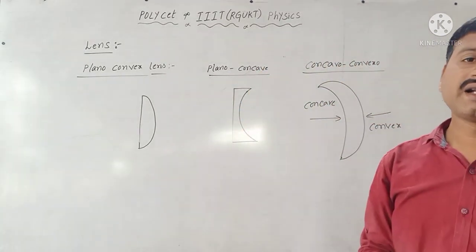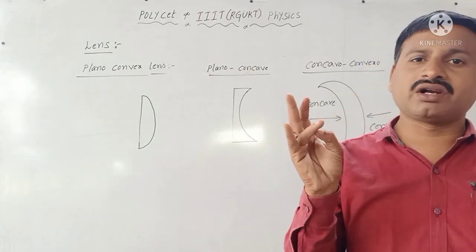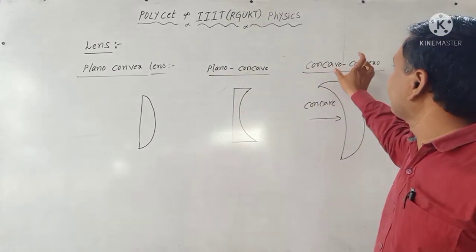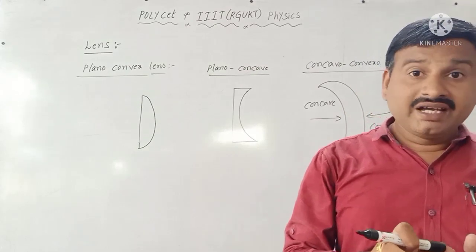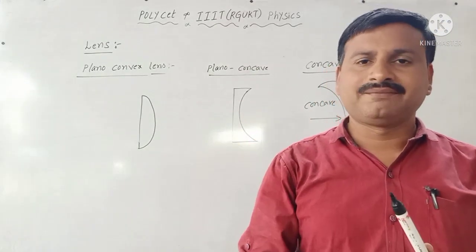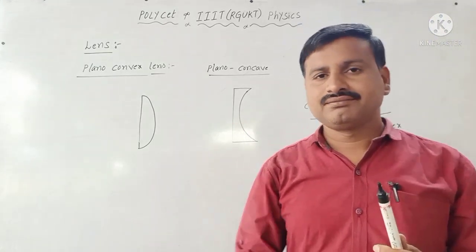These are the types of lenses. Totally we are discussing 5 types of lenses: convex lens, concave lens, plano-convex, plano-concave and concavo-convex. The convex lens is also called a biconvex lens. The concave lens is also called a biconcave lens.